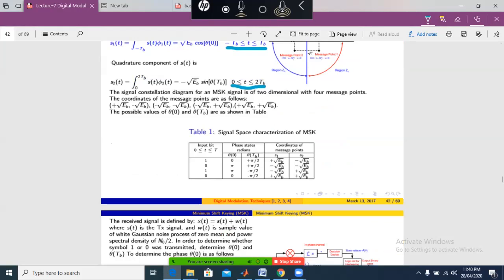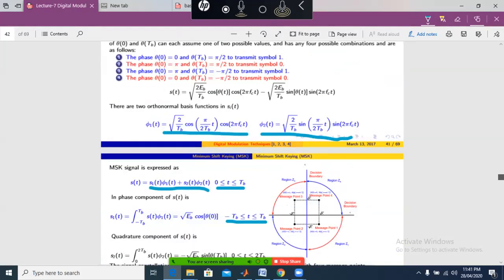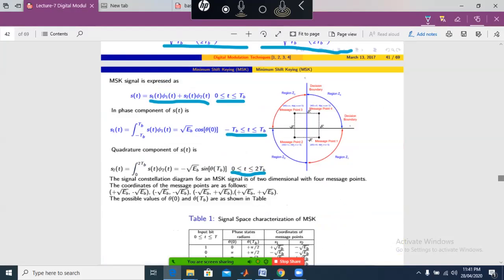And similarly, we have the signal space characteristics of MSK. Also, if you see the decision region, it is more or less like QPSK. So we have the decision regions Z1, Z2, Z3, and Z4.